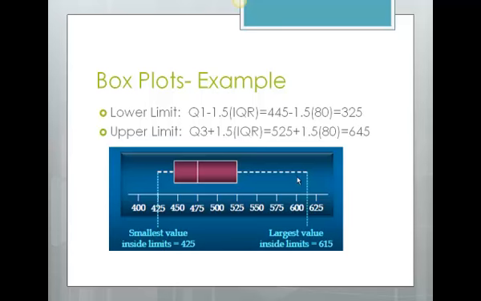The reason for that is because the absolute possible lowest rent was 425. So I'm going to stop my dashes there. Then my upper limit goes to 645, but my largest observation that I had was 615. So everything is going to be falling within these whiskers, these dotted lines, and therefore there aren't any outliers in this example.